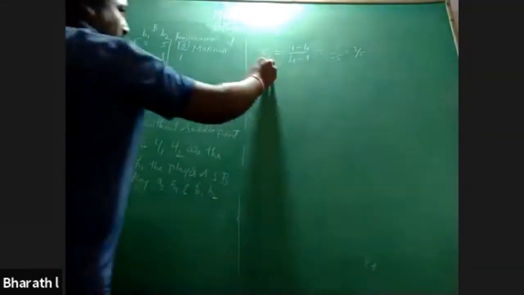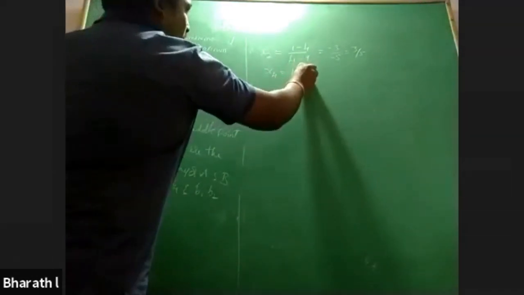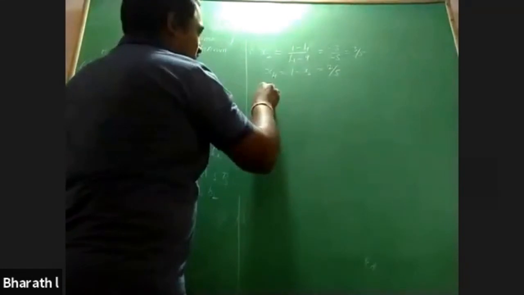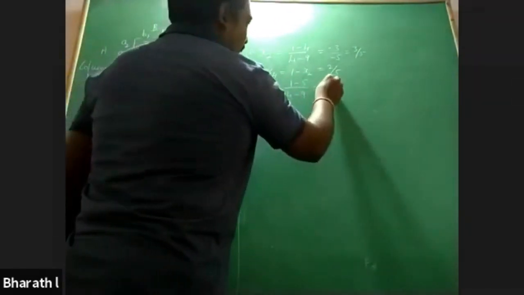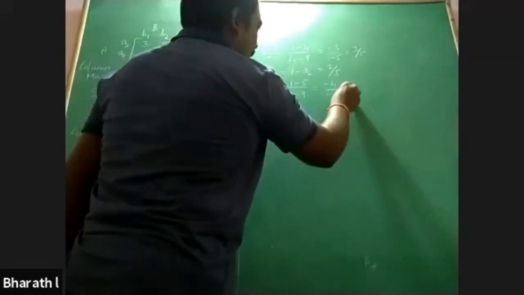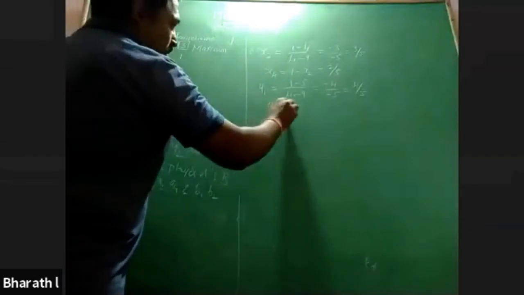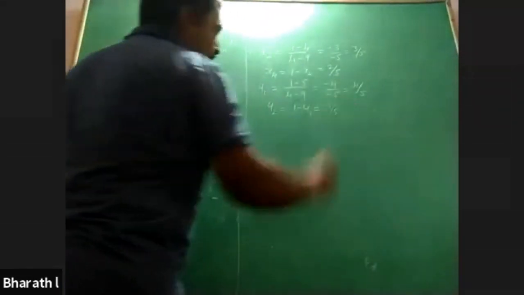Then x4 is 1 minus x2. If you substitute, you will get 2 by 5. Then y1: when finding with respect to y1, 1 minus 5 divided by 4 minus 9, you will get minus 4 divided by minus 5, or 4 by 5. And y2 is 1 minus y1, or 1 by 5.